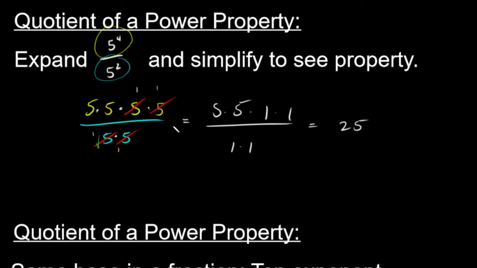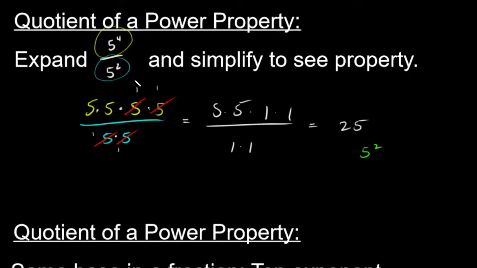So this property is comparing what happens when you have your base raised to an exponent over the same base raised to an exponent. So division, a quotient of two bases that are the same. And what is 25? Well, that's 5 to the 2nd power, right? So the idea here is, if you have 5 to the 4th over 5 to the 2nd, you take the top exponent minus the bottom exponent.